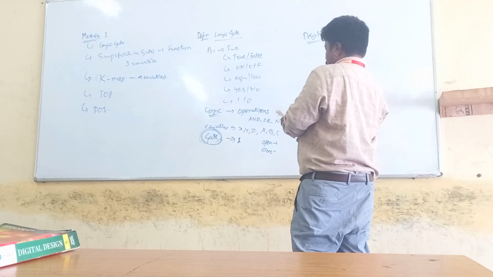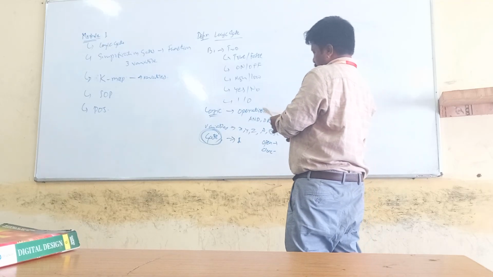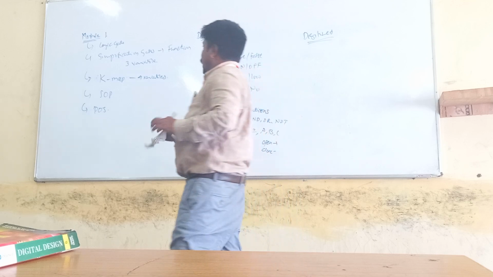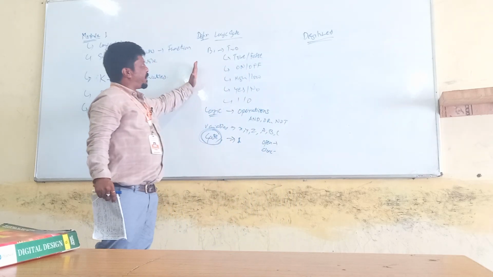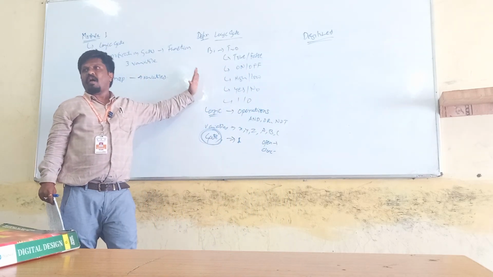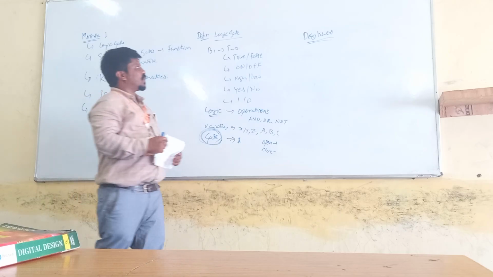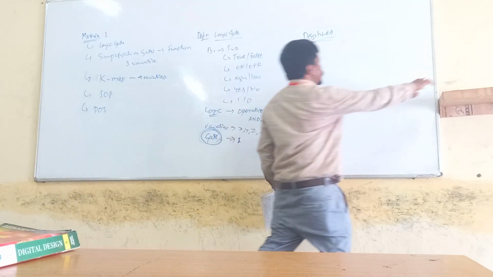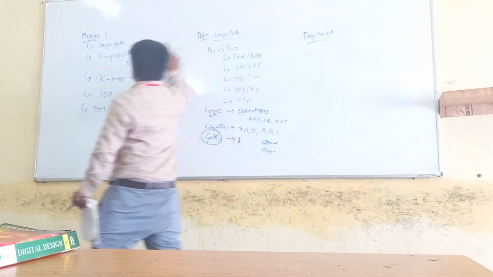Binary operations. Those could be the variables. I have already told you that there are three main operations here: AND, OR, and NOT. That's what we will discuss. Logic gates, here the main three logic gates are there.